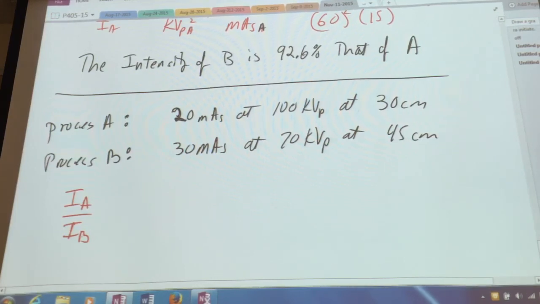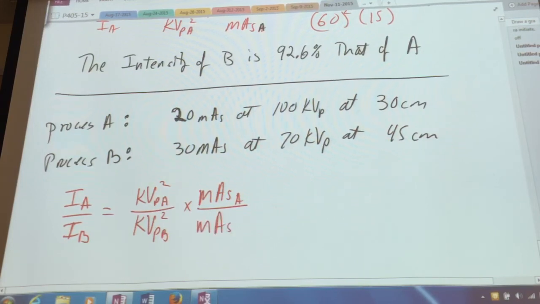We're just going to daisy chain all those formulas together. And be careful of the distance one because the distance one is inverse.